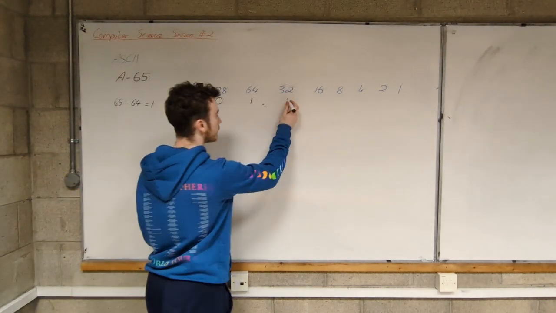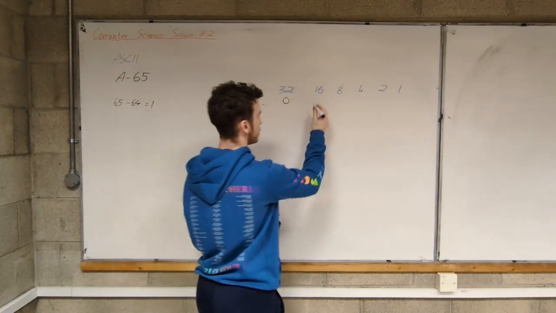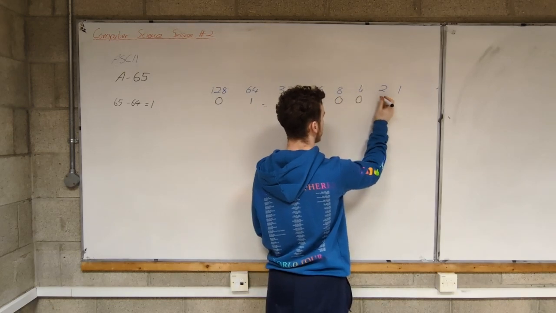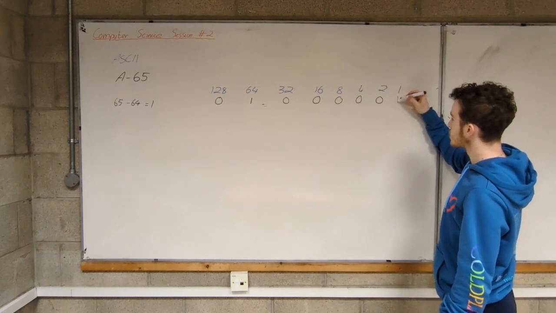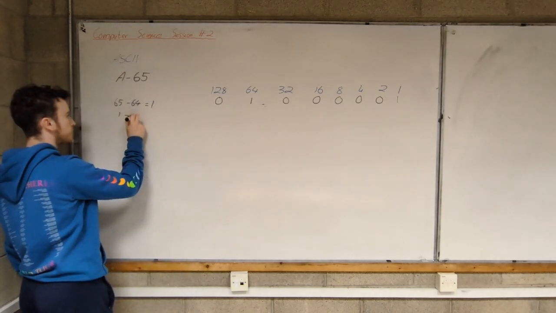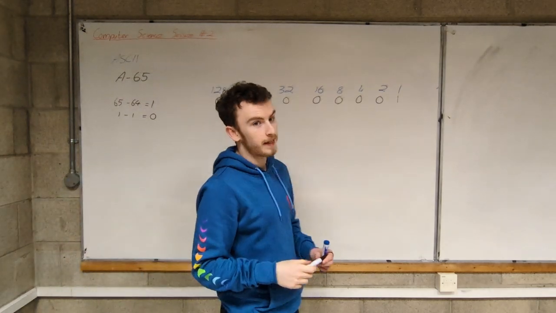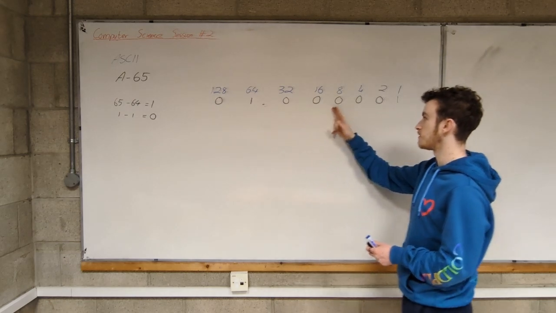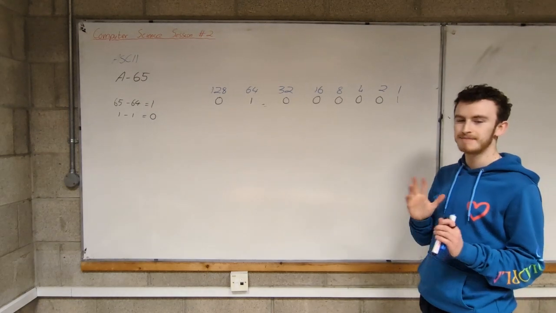Obviously doesn't, so it's going to be a 0. Does 16 go into 1? It doesn't. Neither does 8 or 4 or 2. Does 1 go into 1? It does, so we put down our 1. And then 1 minus 1 is, of course, 0. So the capital letter A in binary is 0, 1, 0, 0, 0, 0, 0, 1. It's as simple as that.